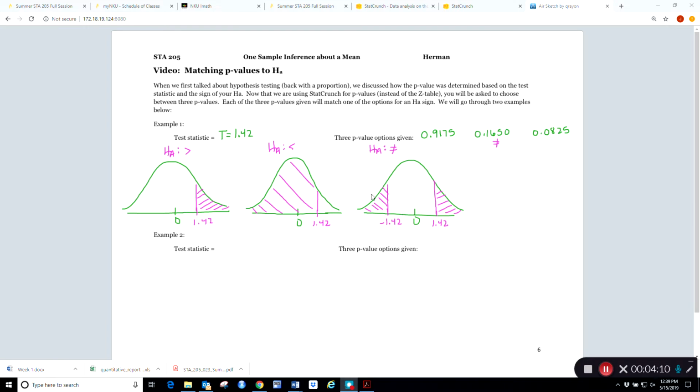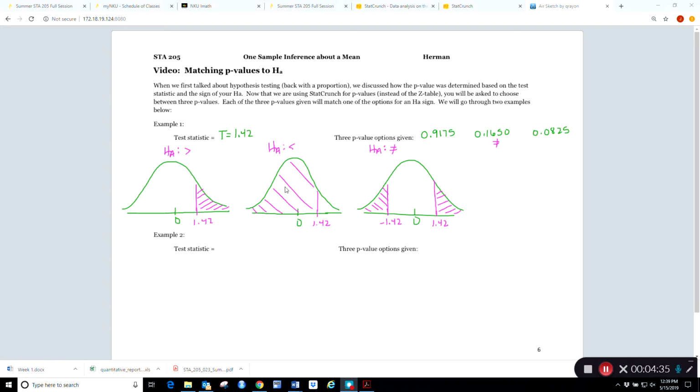So now, what this two-tailed one is, it's going to be double basically what this little one is here, because it has that same piece shaded plus another piece of the same size. So it's always going to be double the smallest. Well, as I just discussed, I took double this one. Which one did I have to double up here to get the 0.165? That one's going to be my 0.0825. How else can we notice this?